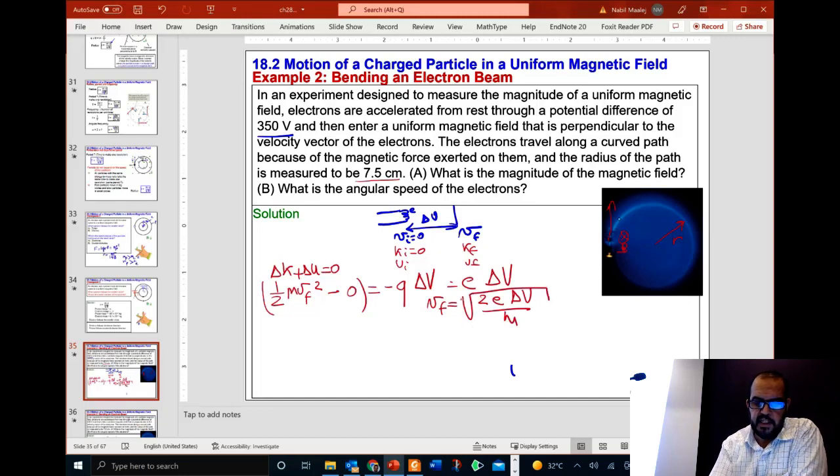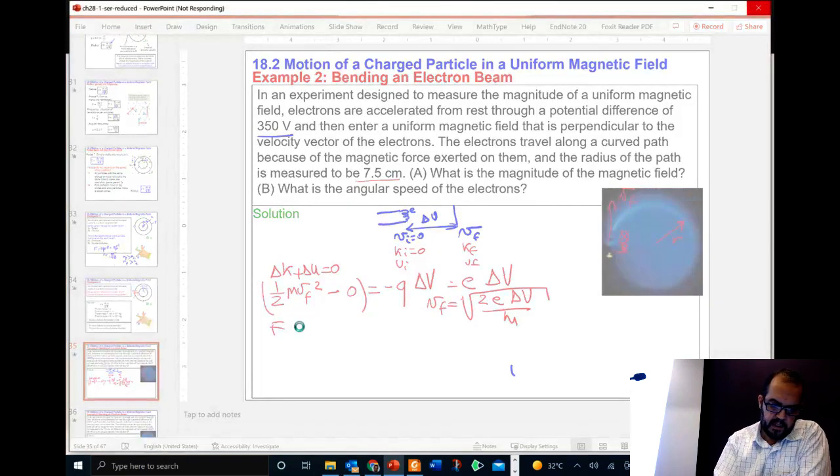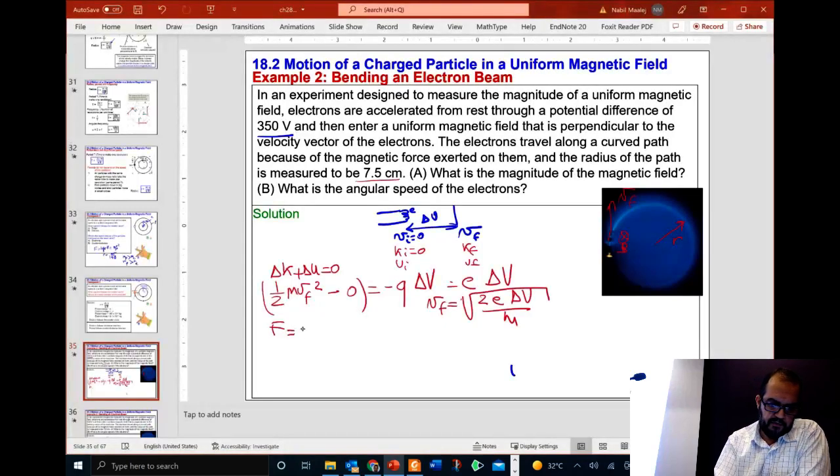So this is the velocity. It will enter the magnetic field with that final velocity. Now I can use my equations to determine the magnetic field. We said F is q v B, which is equal to m v squared over r.